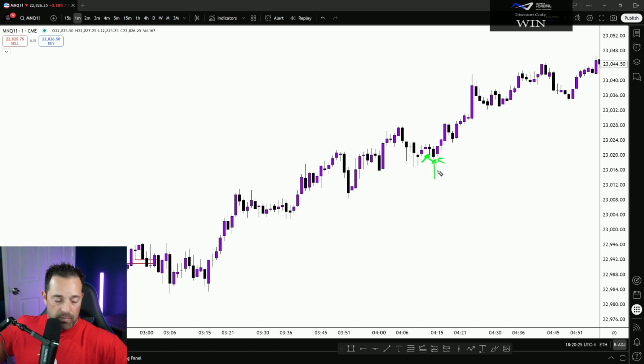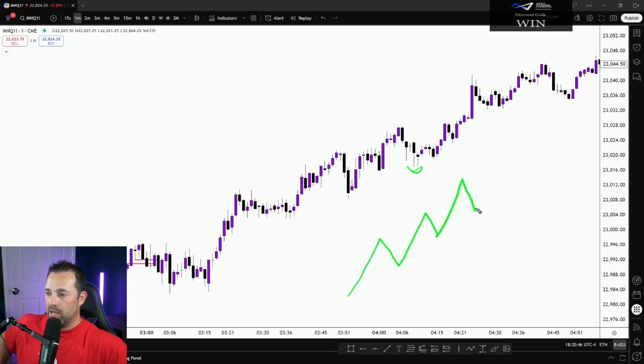Now, a market structure shift is whenever the market takes out one of these swing lows. Okay, so a market structure shift would look like this. Price is going up, pull back. Up, pull back. Up, pull back. Now let's say it goes up, and we're saying each one of these are swing lows, right?